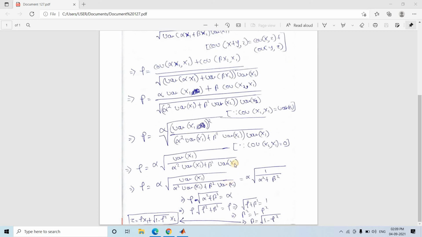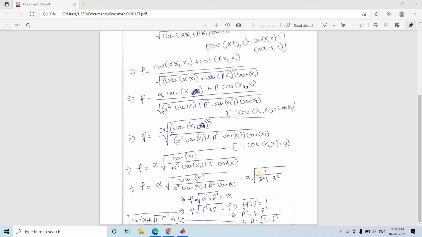So we can simply substitute here and we are getting this particular one. Now you can see in the numerator variance of x1 is present, and in the denominator you can take common variance of x1, so they will cancel each other and you will be getting rho equal to alpha multiplied by square root of 1 by alpha square plus beta square.